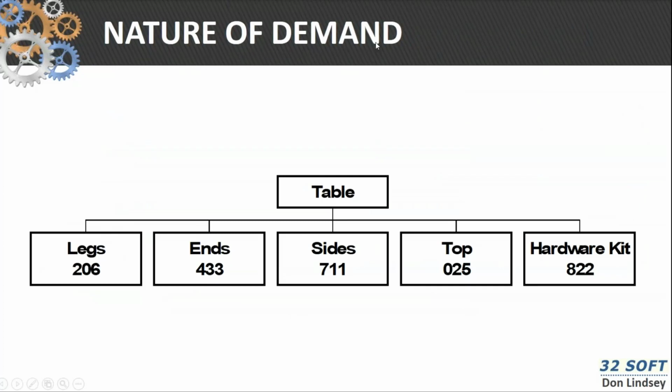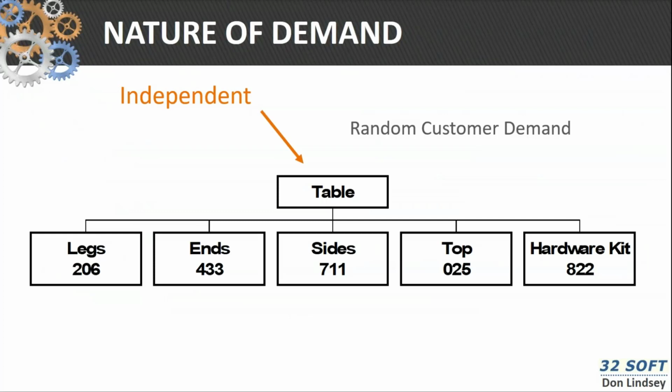Now, we talked on the 13th about demand. Independent demand is the demand that is at the randomness of customer demand. You can't always make sure that you know exactly what the customer is going to require.